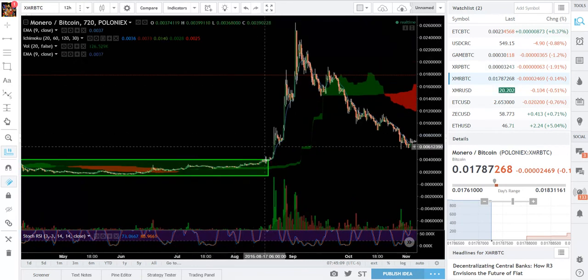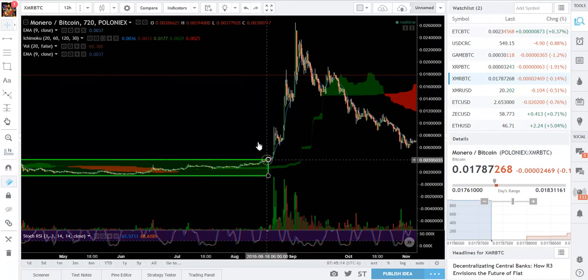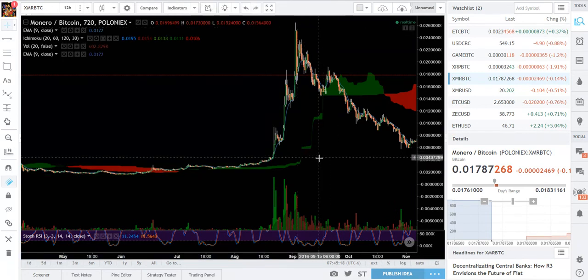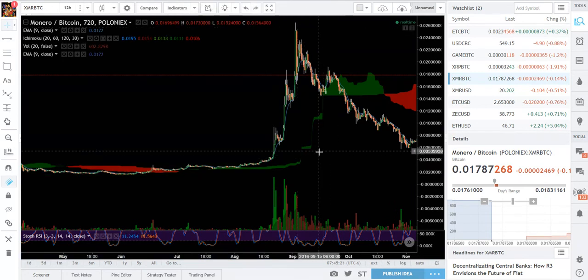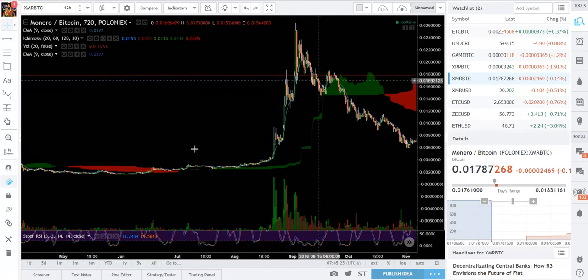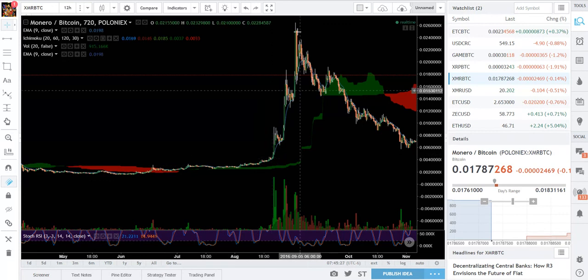Dash literally mimicked this right here, which I found very interesting. I don't know if you guys know this or not, but I got all of my targets for Dash off of the market structure of Monero, because Dash duplicated this structure of Monero.